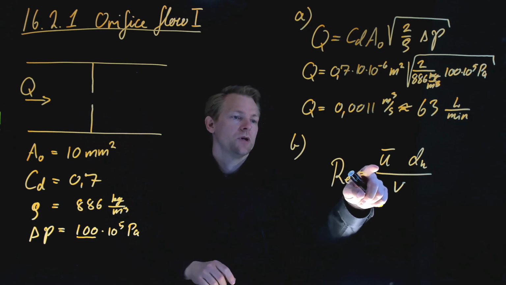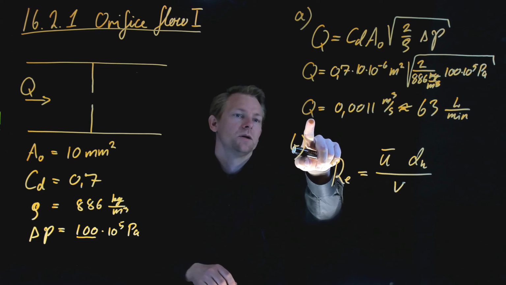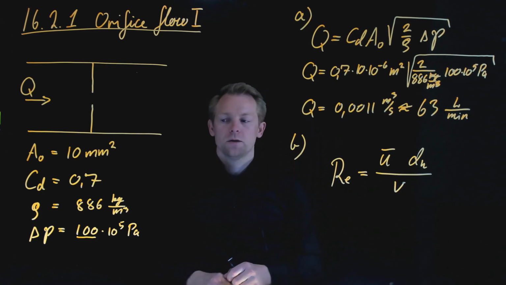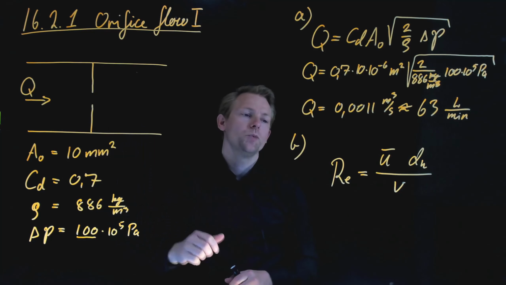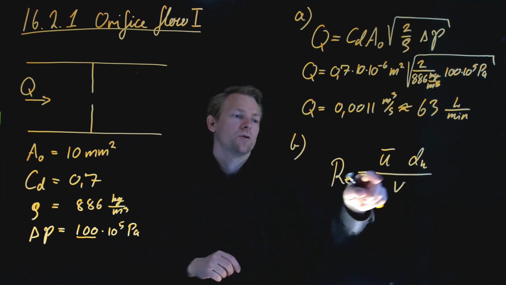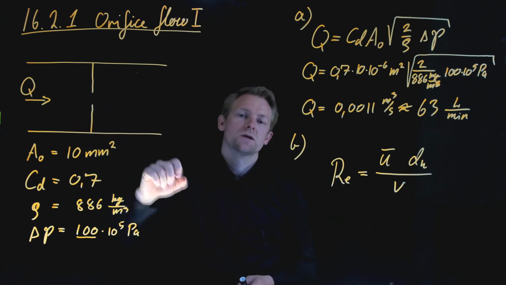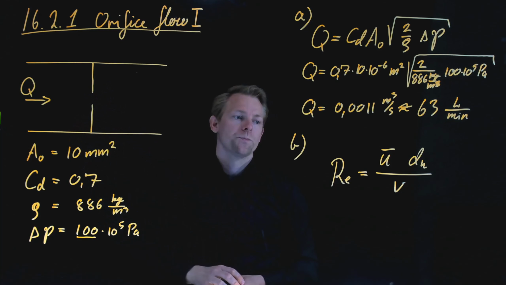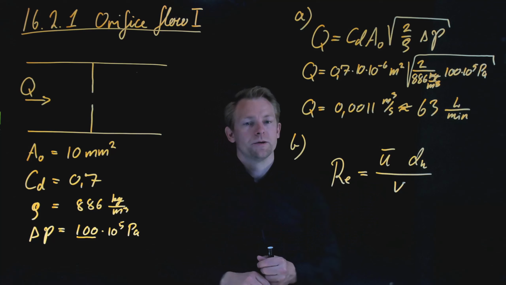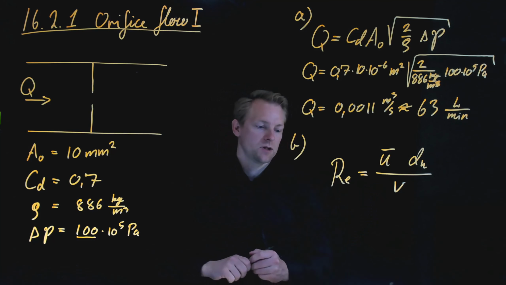So therefore I use the flow that we calculated up here, divide that by the area that we have in the opening, multiply that with the hydraulic diameter, so that is the diameter that I have of this orifice hole, and finally the viscosity that we're given in the exercise.